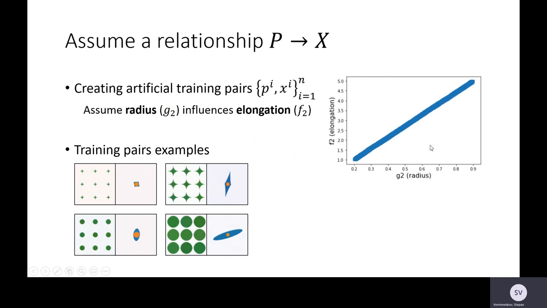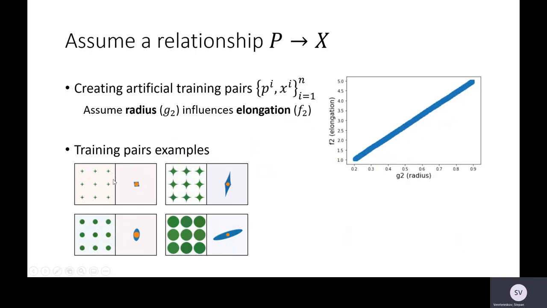To build the model, I assumed that there is some relationship between P and X, and we needed to create artificial training pairs for the model. So I assumed that there is an influence of the radius of the topography on the elongation of the cell. The training pair examples are presented here as well.